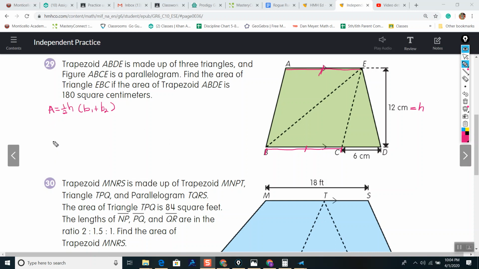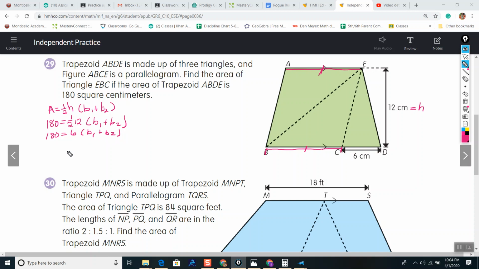So we know that the area is 180, and 1/2 is going to say, and we know what the height is. The height is 12, but we don't know what base 1 or base 2 is. Okay, so 180, let's simplify this. That's going to give us 6.